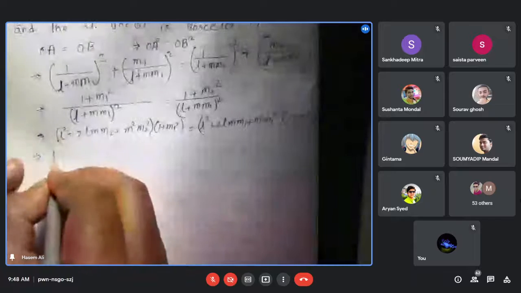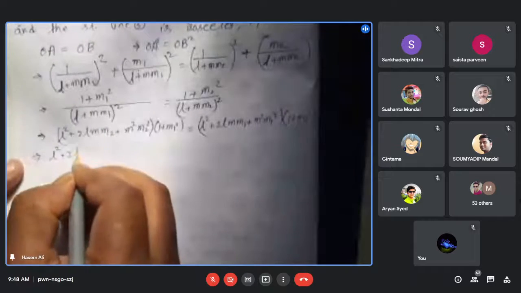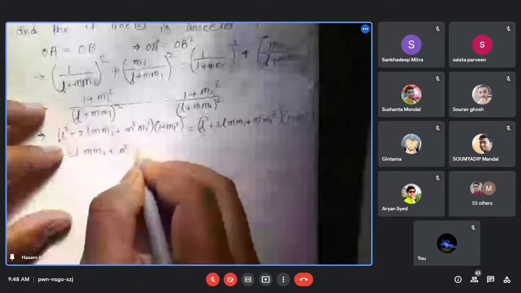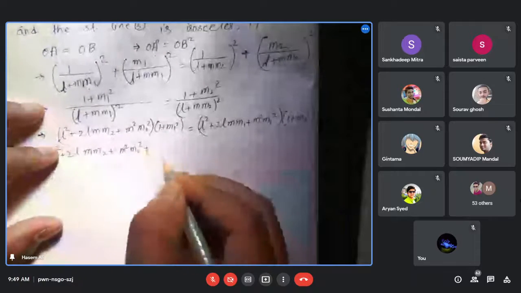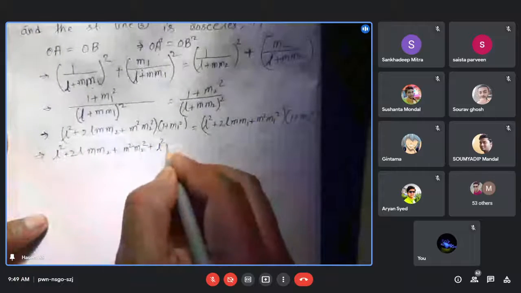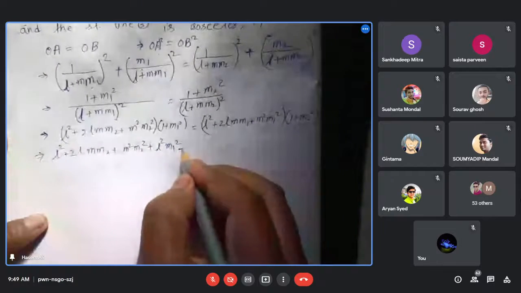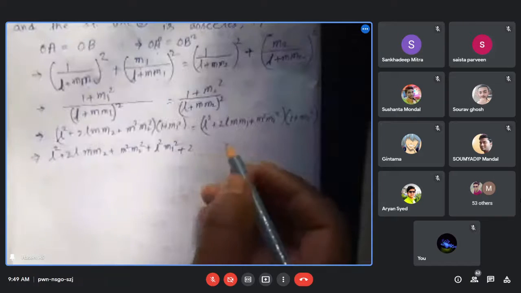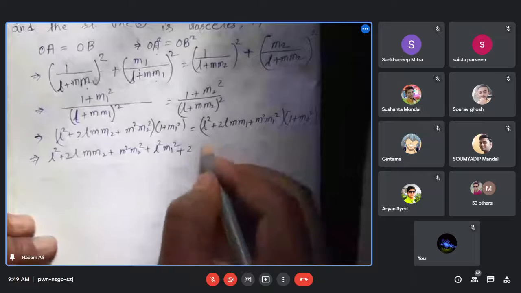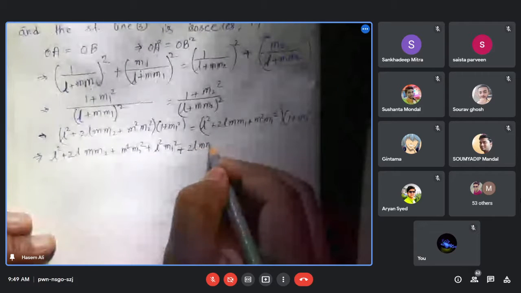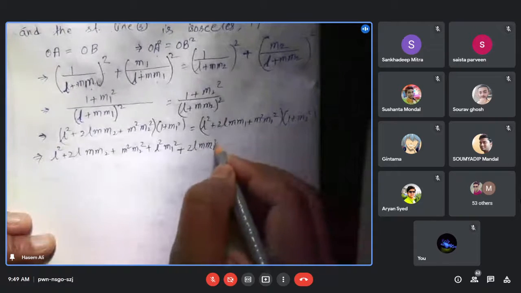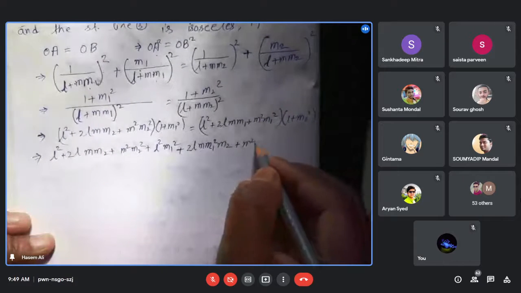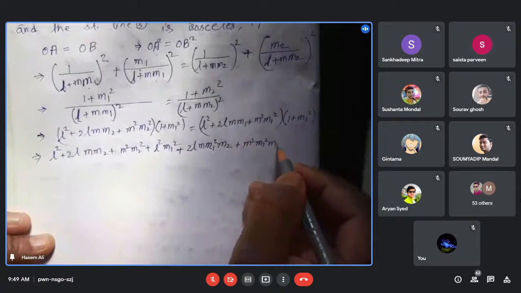Then this will be L square plus 2L m m2 plus m square m2 square. Now this will be L square m1 square plus 2L m m1 square m2 plus m square m1 square m2 square.